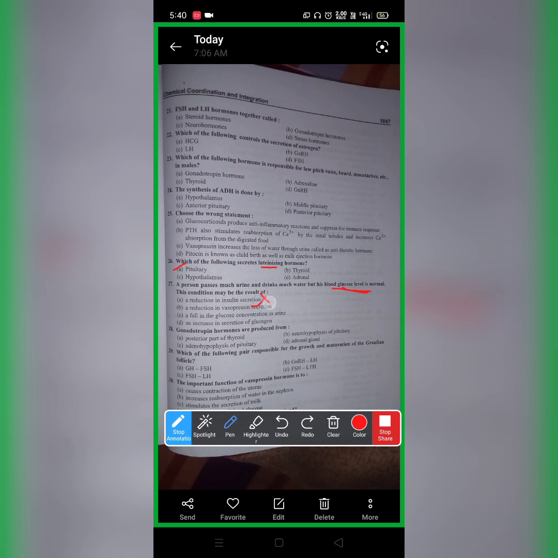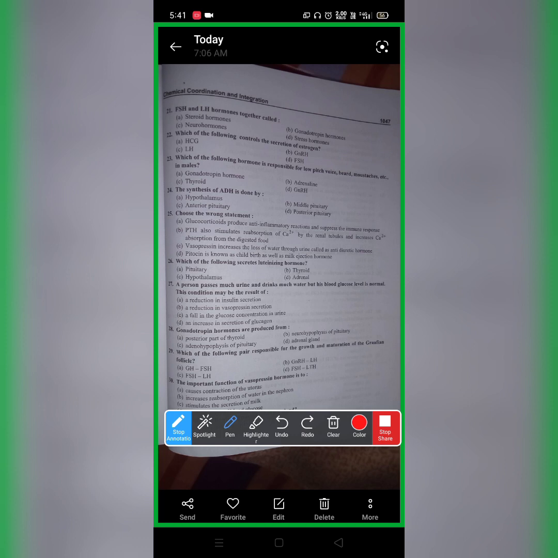So our concern is not option 1. Reduced vasopressin secretion, yes, this will be the option. Vasopressin mainly helps in reabsorption of water. Fall in glucose concentration in the urine, no, option 3 is wrong, and increase in the secretion of glucagon is also wrong. Glucagon is synthesized by the alpha cells of the pancreas. We'll cover it in later classes.